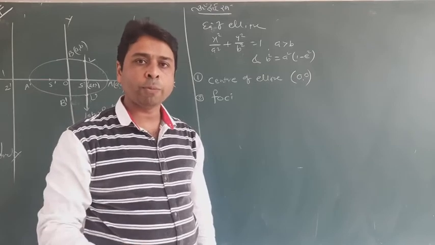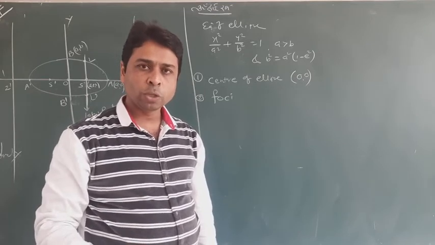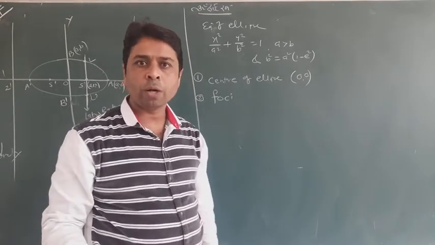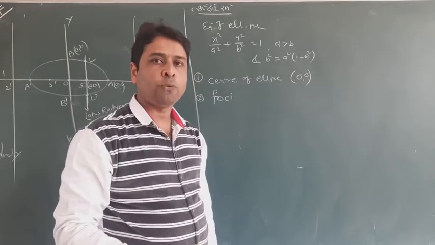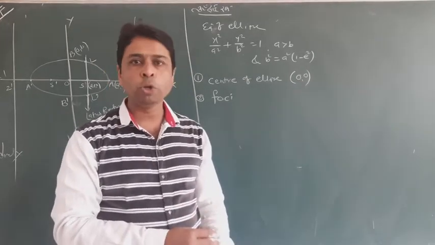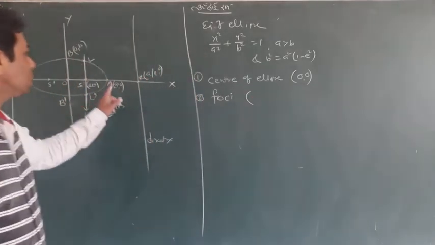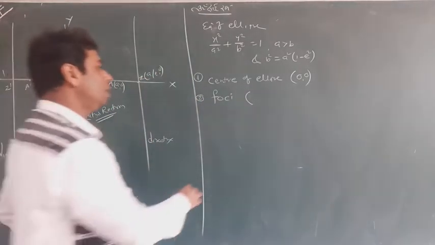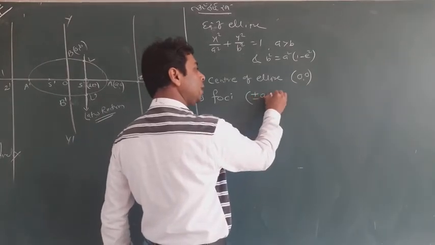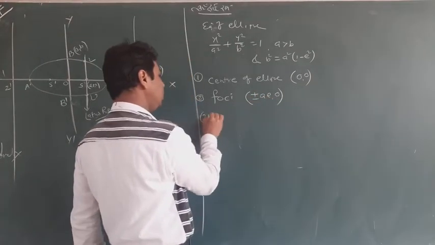They are AE and minus AE, that is plus minus AE comma 0.